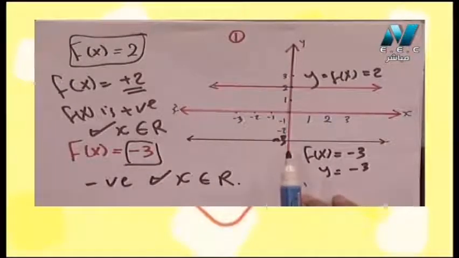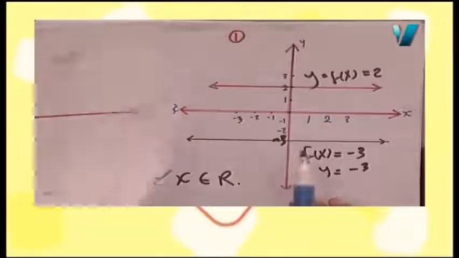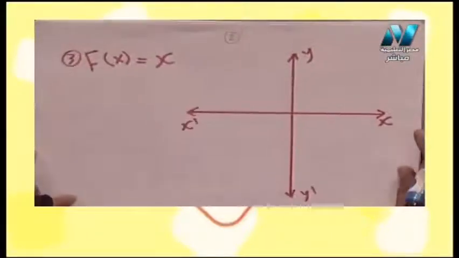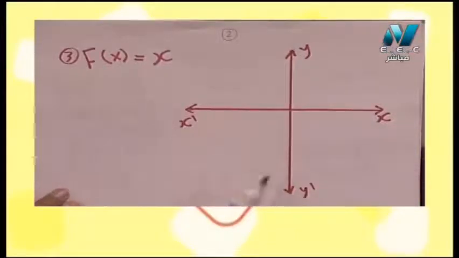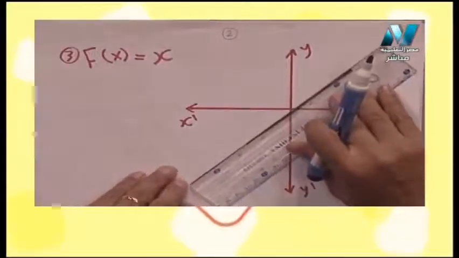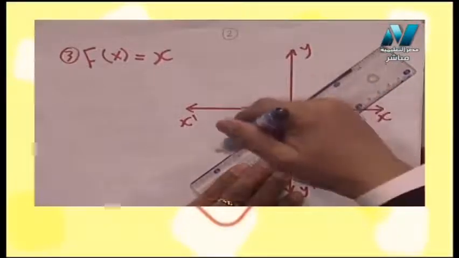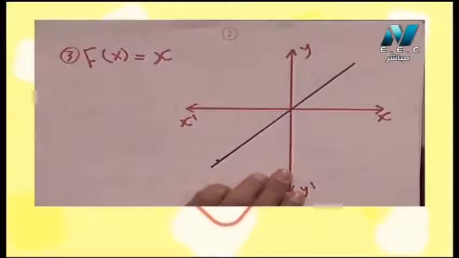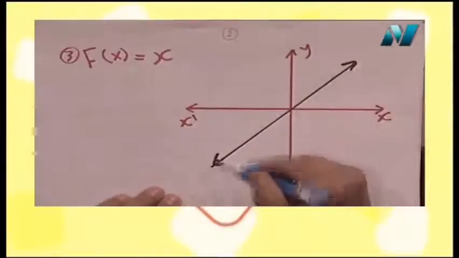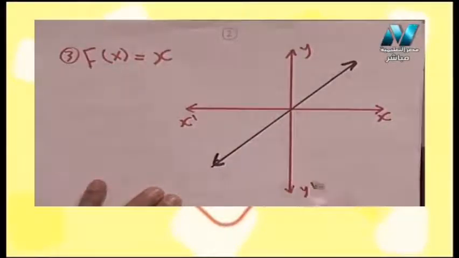Let's see another function here. If we have a function f(x) equals x, and you would like to graph it, it will be like that. f(x) equals x here. Where is it positive?